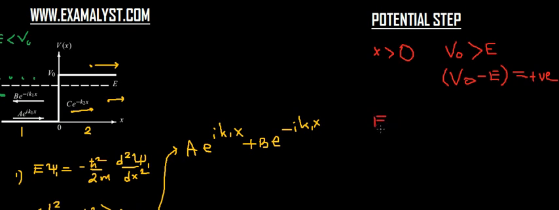For x greater than 0, I take the wave function as psi 2. So E psi 2 is minus h cross square divided by 2m, the kinetic part, d square psi 2 divided by dx square, plus V naught psi 2.